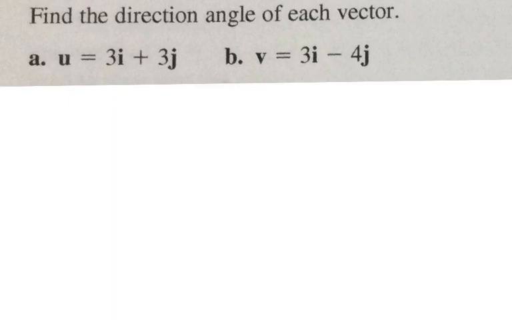It helps me to see it visually, to know where I'm going, but if I know tangent is y over x, I know -4 is my y, I know 3 is my x, and I can plug that straight into the inverse tangent formula. But still, in your head, you need to know what quadrant you're in, because you have to find the correct angle rotated to that quadrant. So if you got negative 53, you would still need to know, I need to rotate to the fourth quadrant. So I still think sketching it out has its benefits.